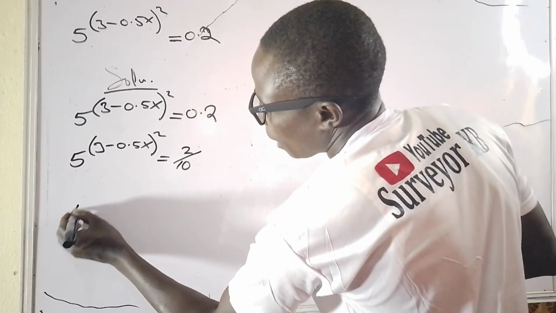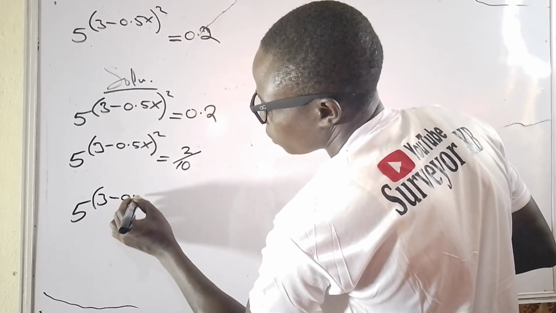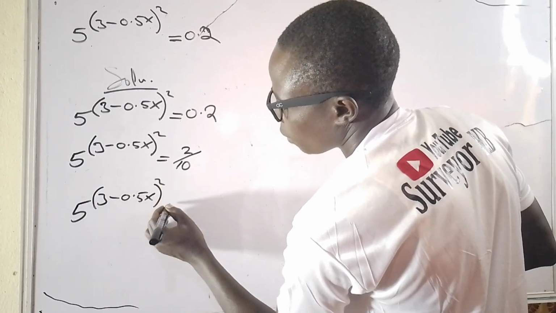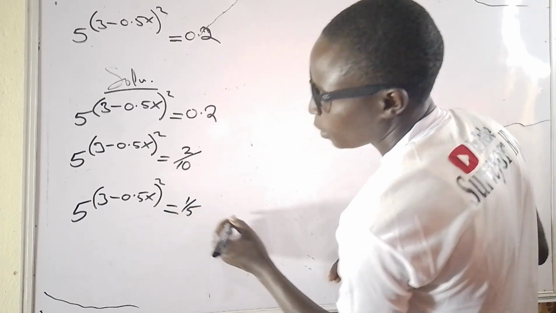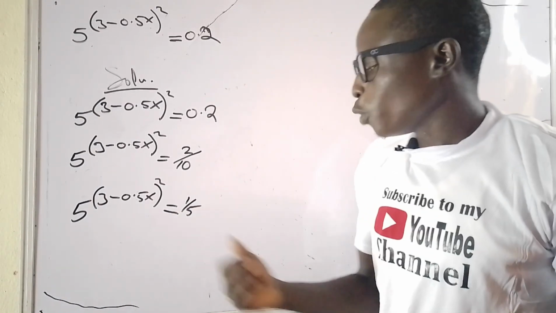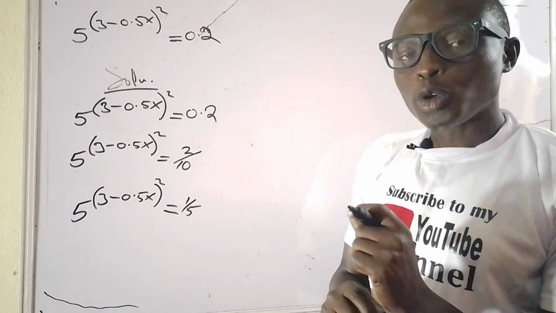So I can go further by saying 5 raised to the power of (3 minus 0.5x), everything squared, is now equal to 1 over 5, and this 1 over 5 can be written as 5 raised to the power of minus 1.